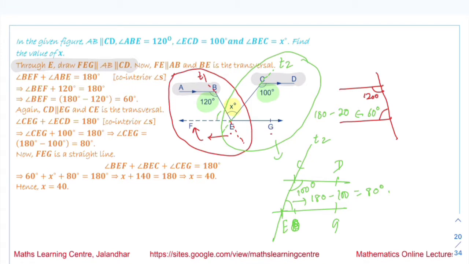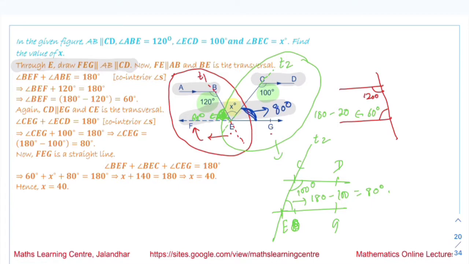So we have obtained that this angle over here is 60 degrees and this angle over here is 80 degrees. Now all these three angles lie on a line FEG.